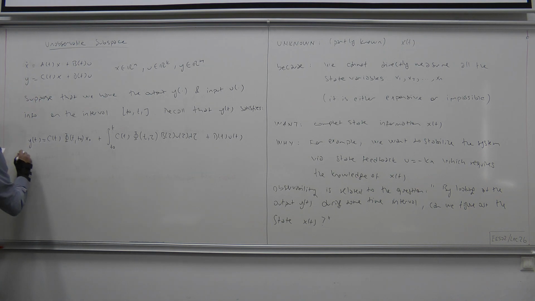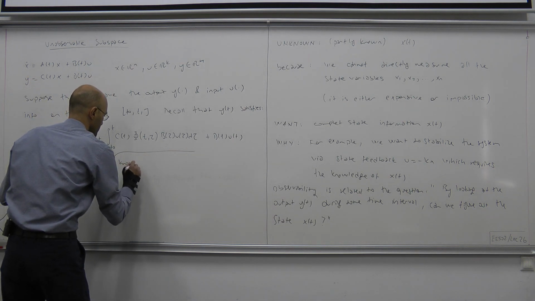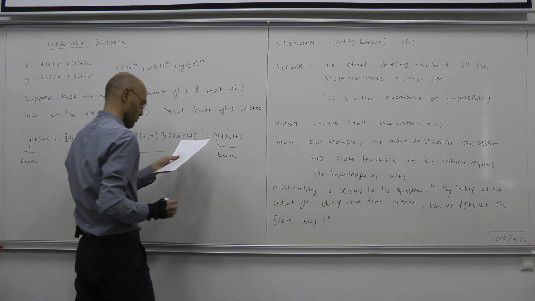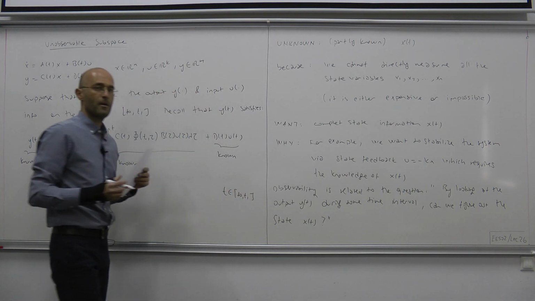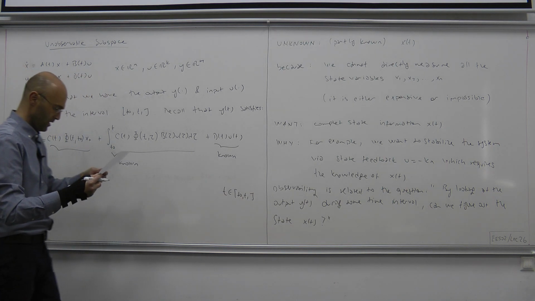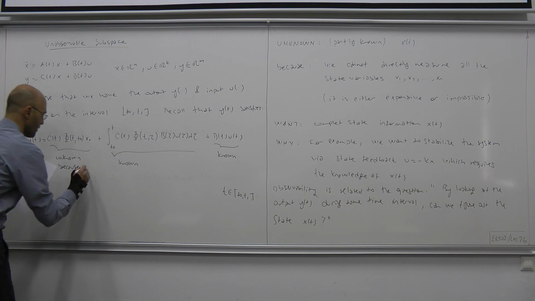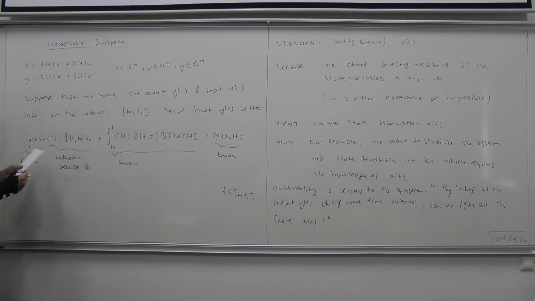Okay, so let's mark what's known and what's not known. This is known, and this is known, for t in t0 to t1. And what's unknown is this piece here, unknown because the initial state, x of 0, is unknown.